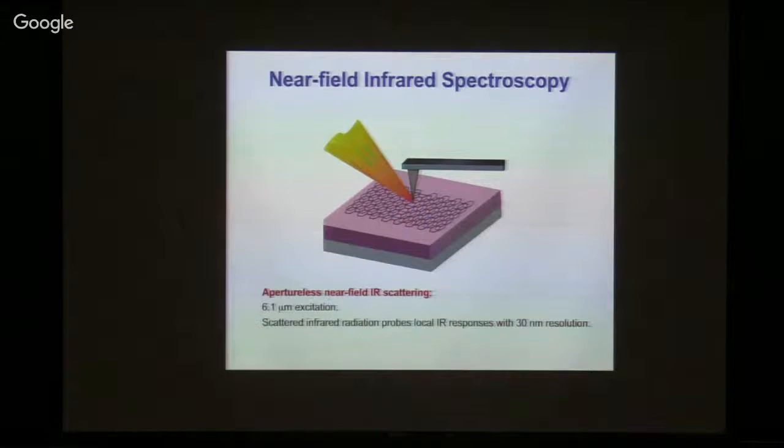The idea is we can shine light onto an AFM tip that is coated by metal. When the optical light, especially infrared light, hits the tip, the electromagnetic field gets dramatically enhanced right below the tip due to effectively the antenna effect. As a result, when we measure the scattered light, we can preferentially measure the material right below the AFM tip.